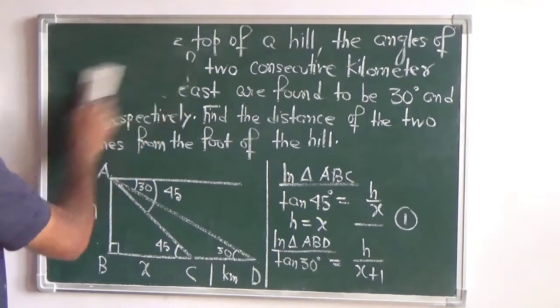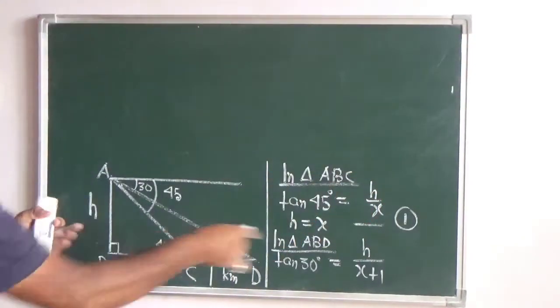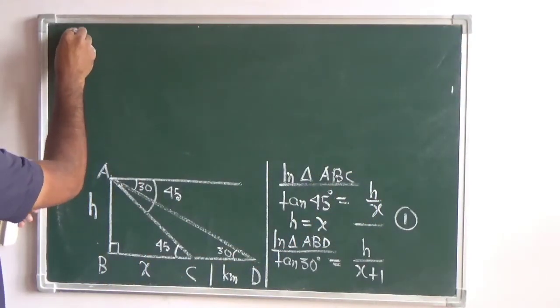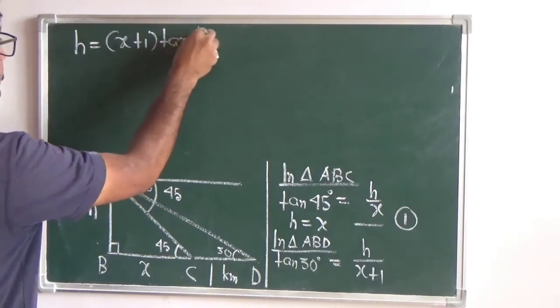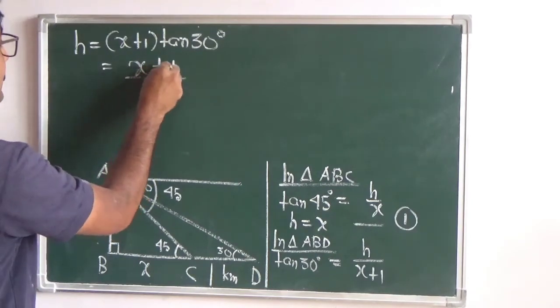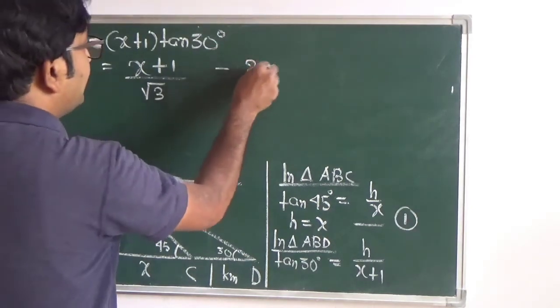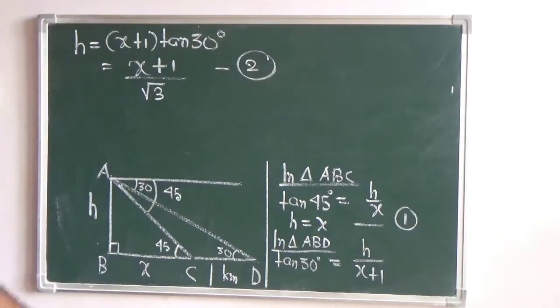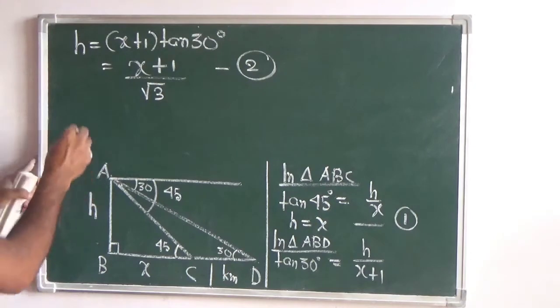Now from here we can write H is equals to X plus 1 into tan of 30 degrees, and that is equals to X plus 1 by root 3. Tan 30 is 1 by root 3. So this we number it as 2. So from 1 and 2, here H equals to X and here H equals to X plus 1 by root 3, equating these two.